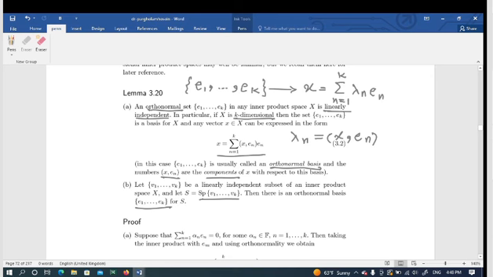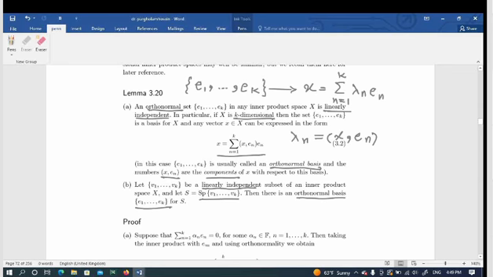So if v1 to vk is a linearly independent subset of an inner product space, and S equals the span of v1 to vk, meaning S is a subspace and v1 to vk is a basis for S, we can define an orthonormal basis for S. It means that for any linearly independent set that may not be orthogonal, we can find an orthonormal basis.